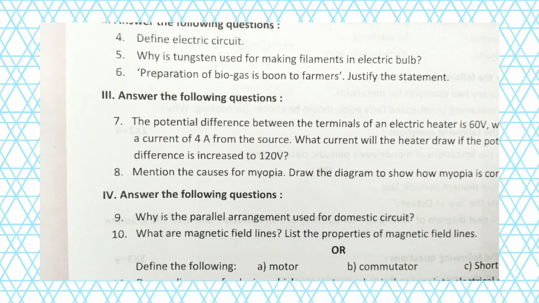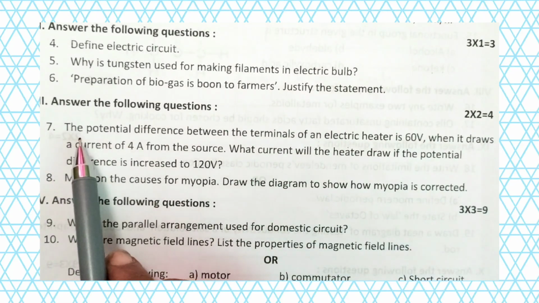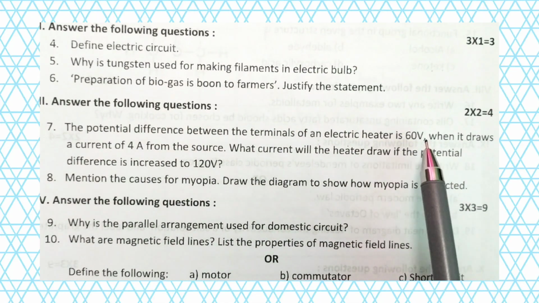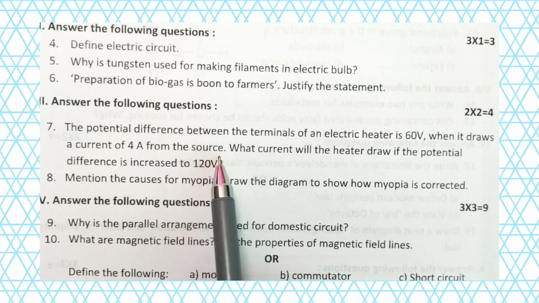Then coming to the next question, that is the seventh one. The potential difference between the terminals of an electric heater is 60 volts when it draws a current of 4 ampere from the source.